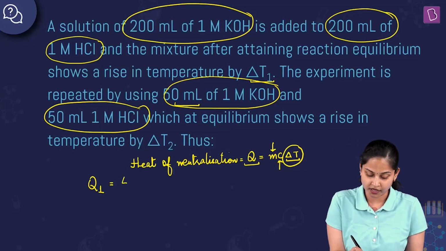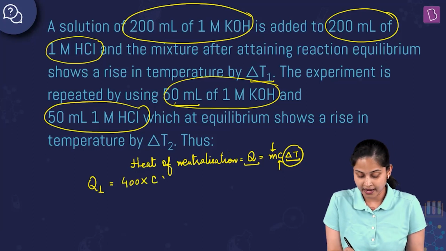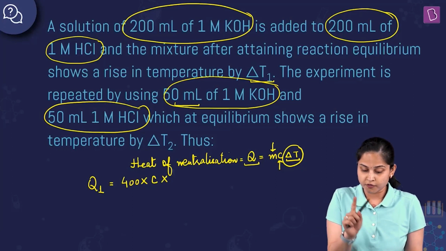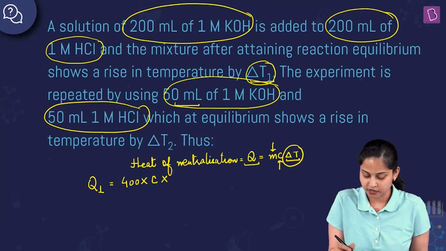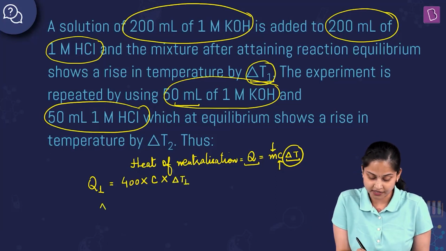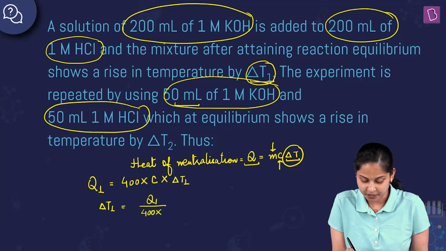So it's 400 multiplied by c, the specific heat, and let the rise in temperature for process 1 be delta T1. So I'm going to write it as delta T1. From here, the value of delta T1 for the first process is equal to Q1 divided by 400 multiplied by c.